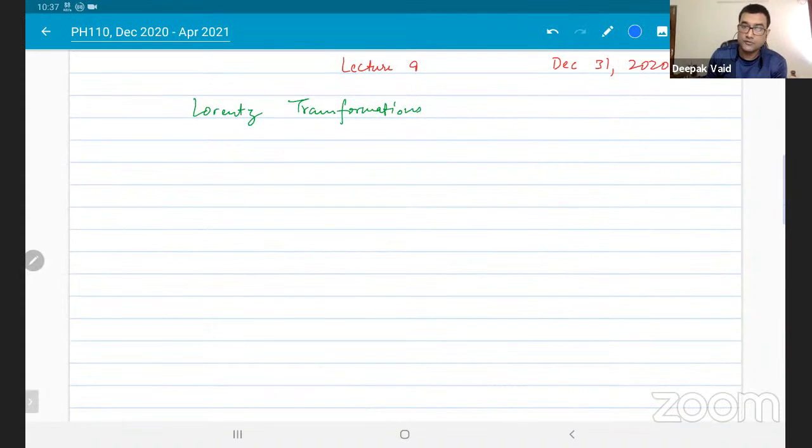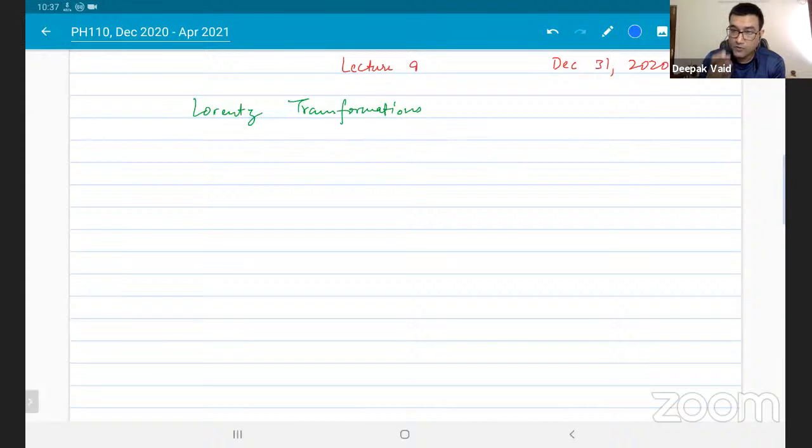The empirical evidence that we have is Maxwell's laws, and the fact that they are not invariant under the Galilean transformation.